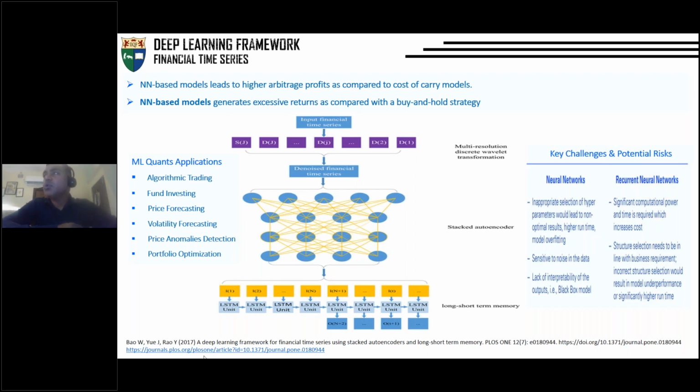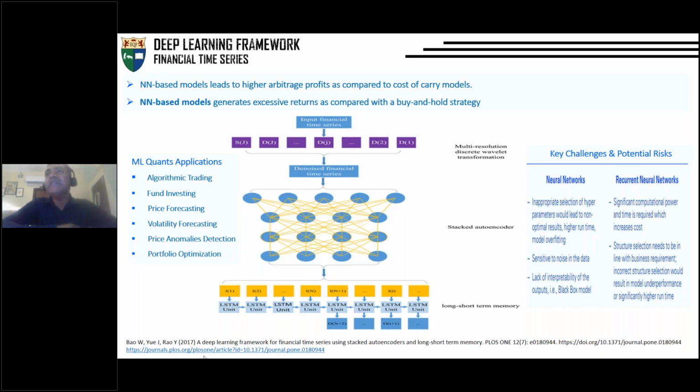Deep learning neural networks are naturally very good at handling such noisy data, and at separating the noise in the data from the signals.